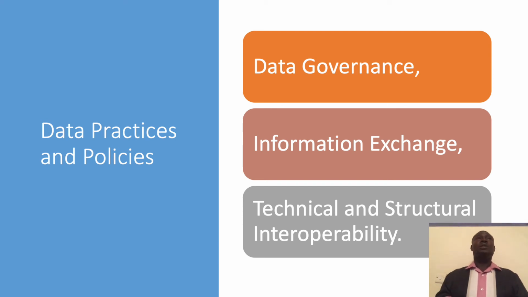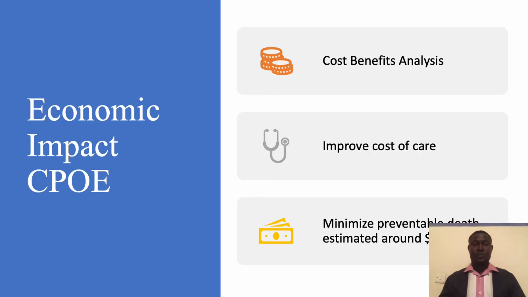This will also satisfy the federal and state government incentive programs initiated for meaningful use of healthcare data. The technical and structural interoperability building function of the CPOE will not only resource the healthcare professionals, but it will also increase patient safety and better healthcare outcomes.